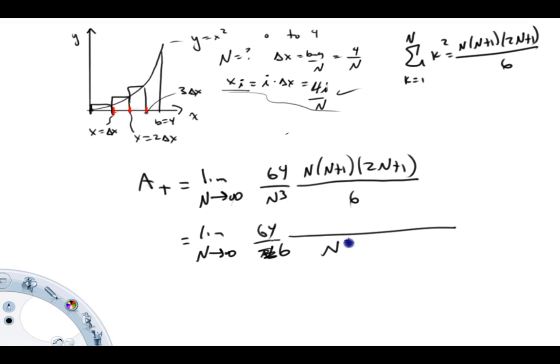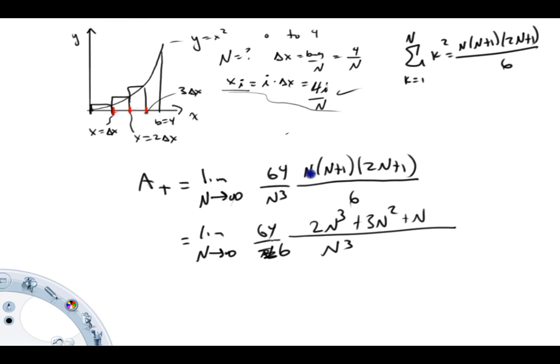Then there's an n cubed in the bottom, and the top is going to be 2n cubed plus 3n squared plus n. So what I did is I FOILed this and then multiplied everything by n.